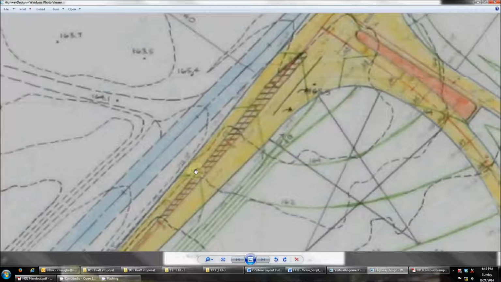After you've done that for each one of those contour points that you've drawn along the center line, I want you to measure the distance between those contour points on the center line. So not necessarily on the edge of pavement, but just along the center line. I want you to measure the distance between the points that you've already drawn.